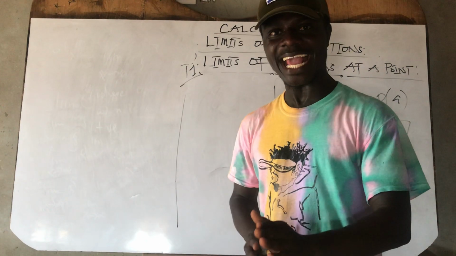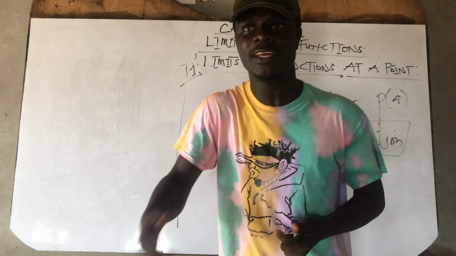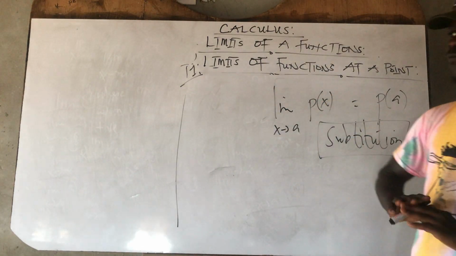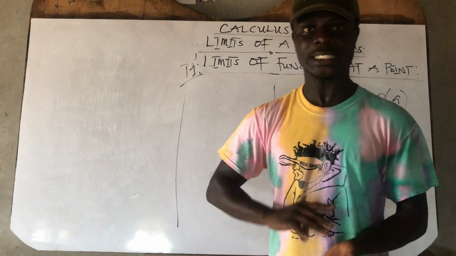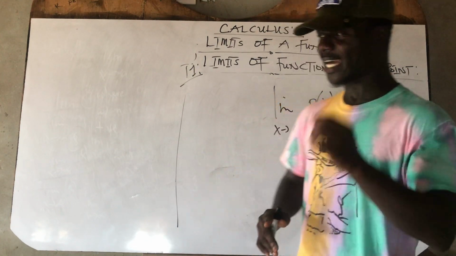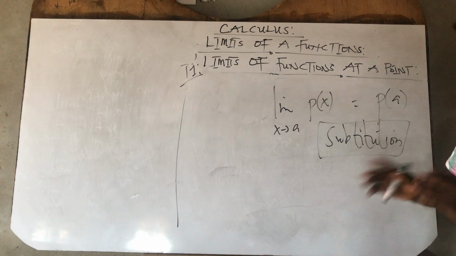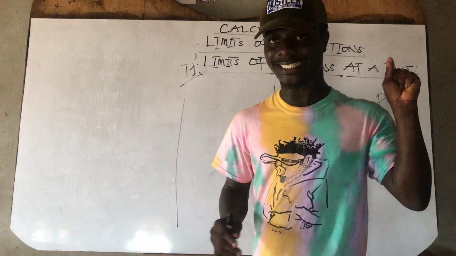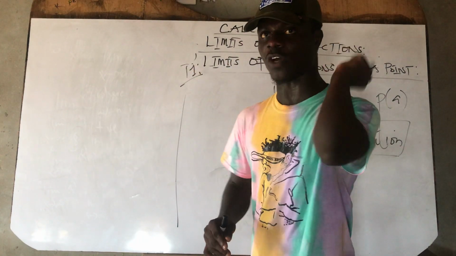There can be a case where you have to simplify the function. But with this type 1, I'll just give you functions where you can do direct substitution into the function.